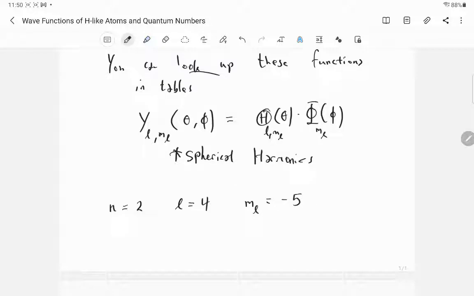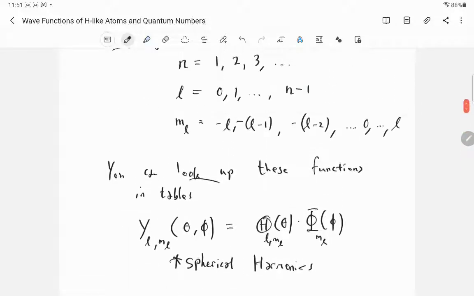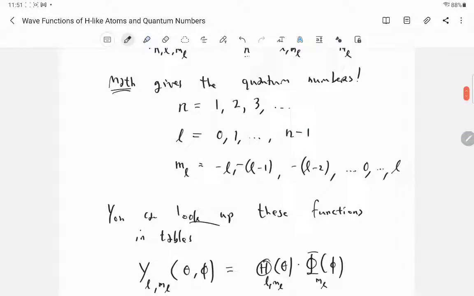This trio of quantum numbers might indicate a wave function whose principal quantum number is 2, angular momentum quantum number is 4, and the projection of the angular momentum onto the z-axis quantum number is -5. And this is impossible, right? It does not exist.